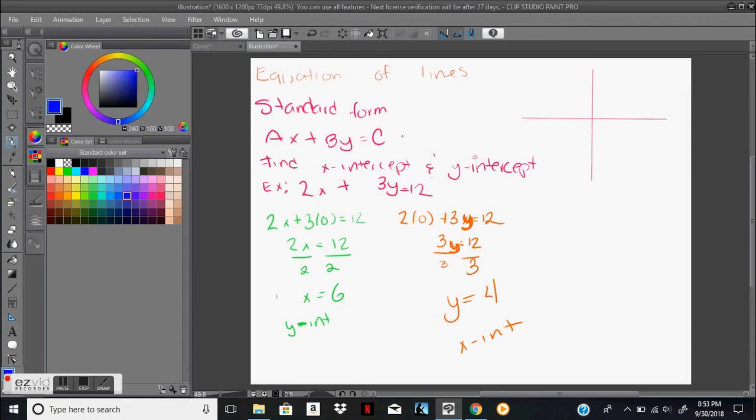We're going to be graphing that into our plot. And we get the x on the 6.